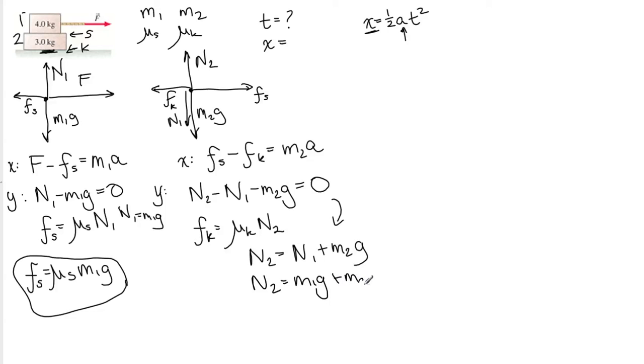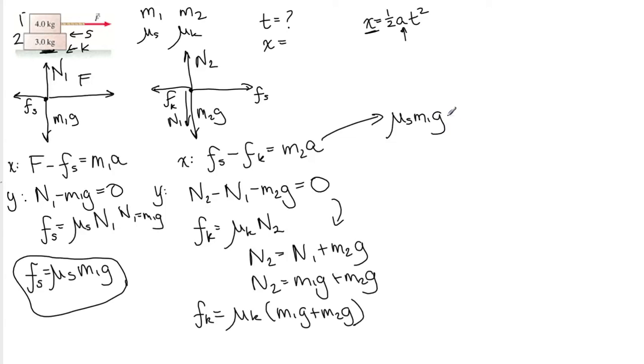And that means that f sub k is equal to mu sub k, parentheses, m1g plus m2g. So now I'm going to put that all together from that equation. So from here, static friction is mu s m1g minus this thing, mu sub k, parentheses, m1g plus m2g equals m2a.